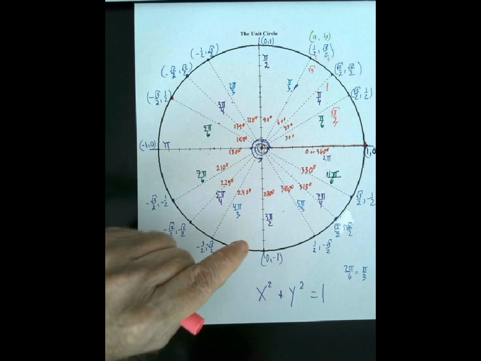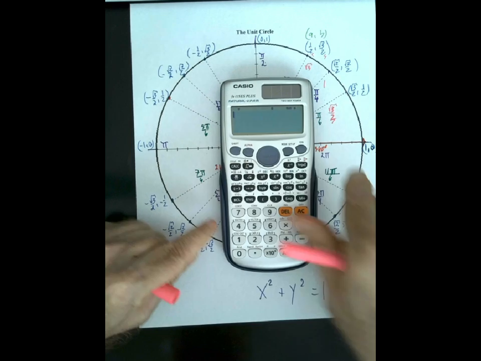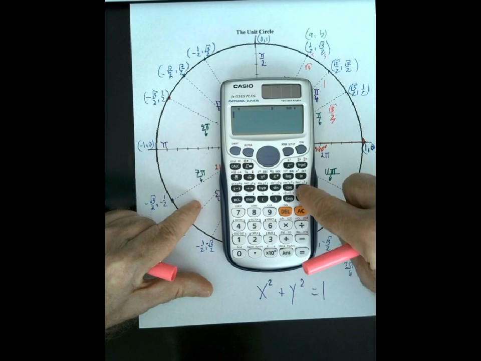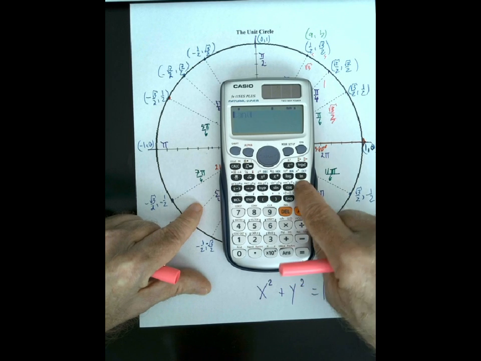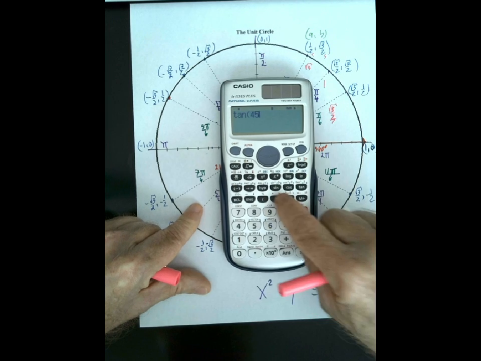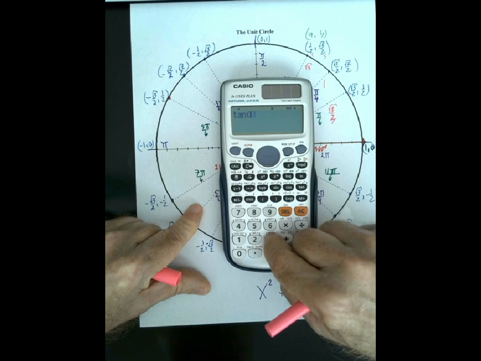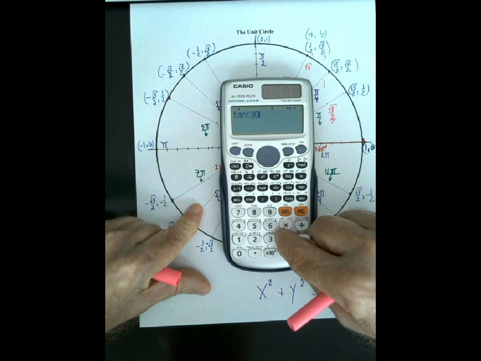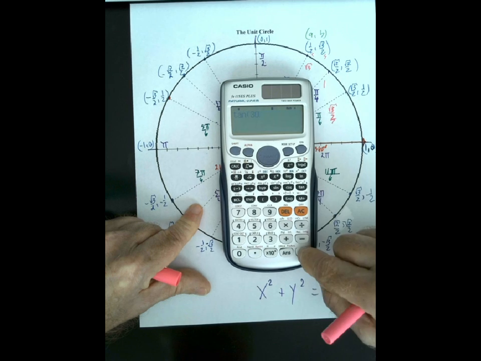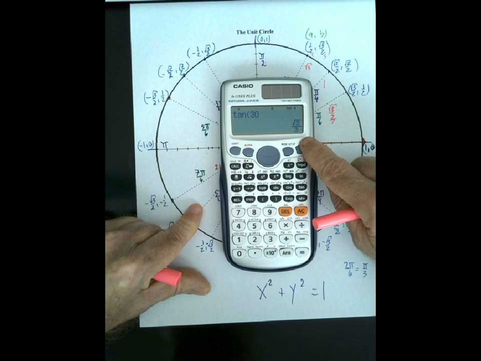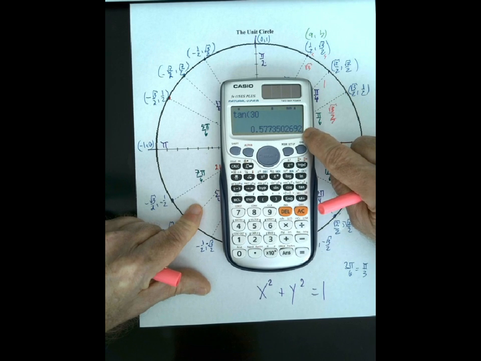We can try that out on Mr. Calculator, right? So, tan button, which is right here, tan 45 equal to 1. Okay? Tan 30 is equal to, as it says here, rad 3 over 3, which in decimal form is about 0.577, right?